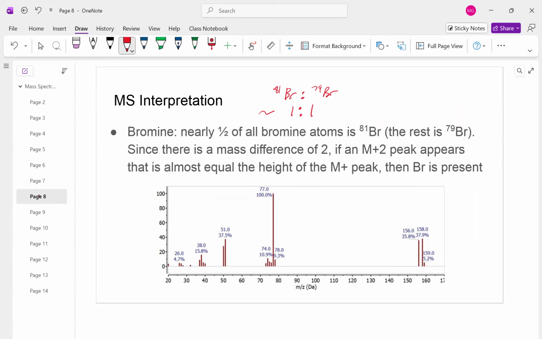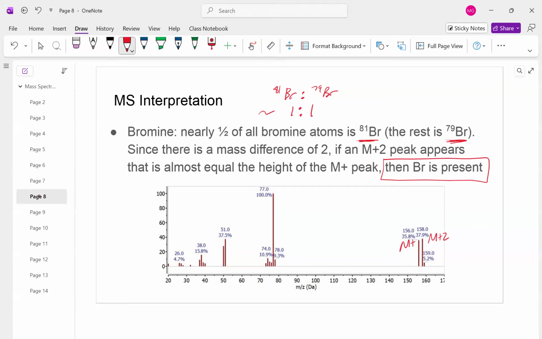And so since half the bromine atoms that exist are bromine 81 and the other half are bromine 79, here's our molecular ion, and then there's an M+2 peak that's nearly equal in height. That is a ratio of 1 to 1, and that tells you bromine is present in your unknown.